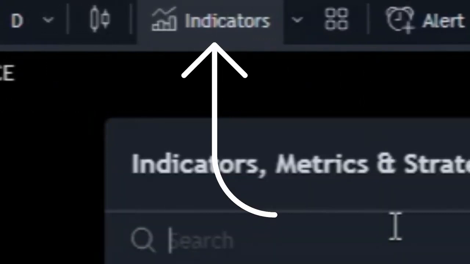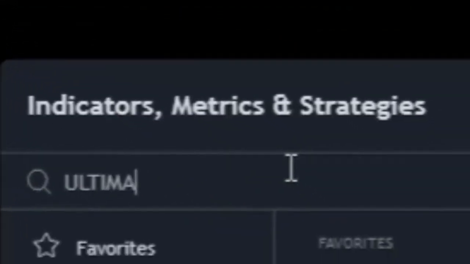Alright, so the second indicator we're gonna use is the ultimate moving average multi-time frame indicator.